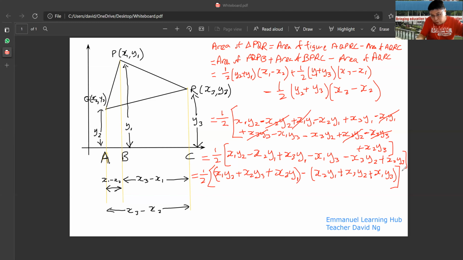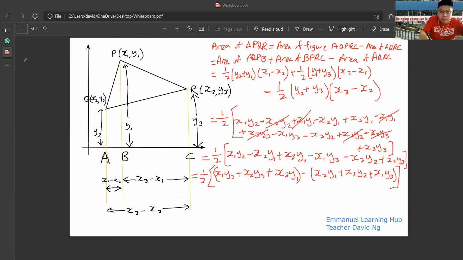Okay, this is the formula, right? That you are so-called supposed to memorize, but you don't have to memorize this because if you notice, your x1, x2, x3, right, is actually your, let's say I rearrange my PQR, right?